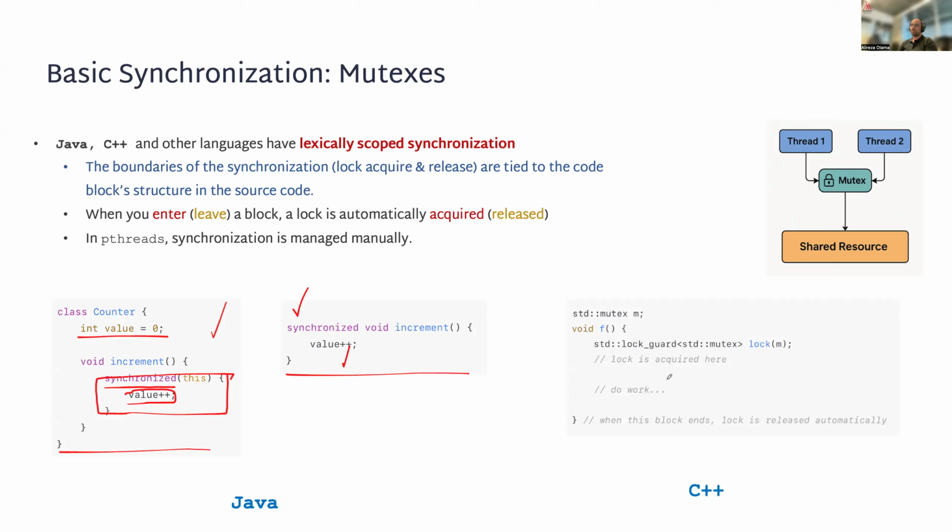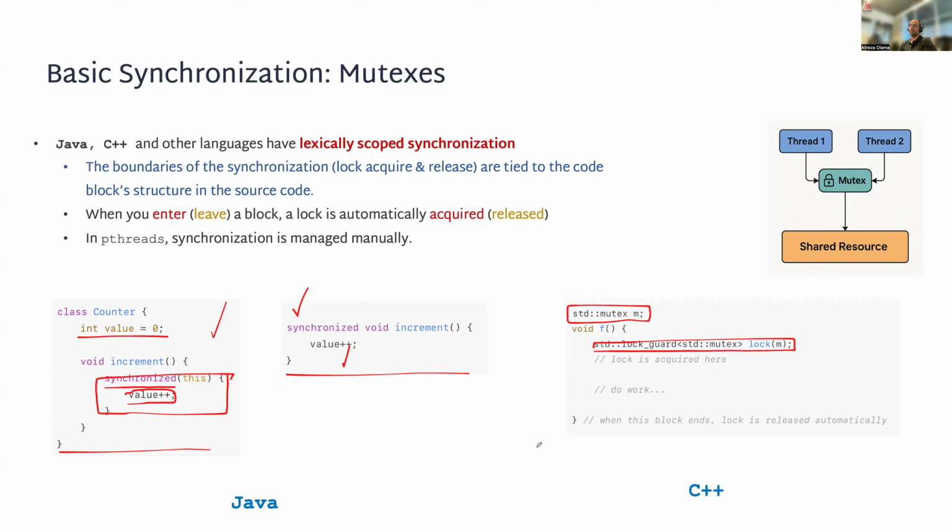In modern C++, without using the pthread library but using the standard library, you can do something similar. You create a mutex lock, right? And then you define this lock guard using the mutex. After you leave this block, the lock is released automatically.